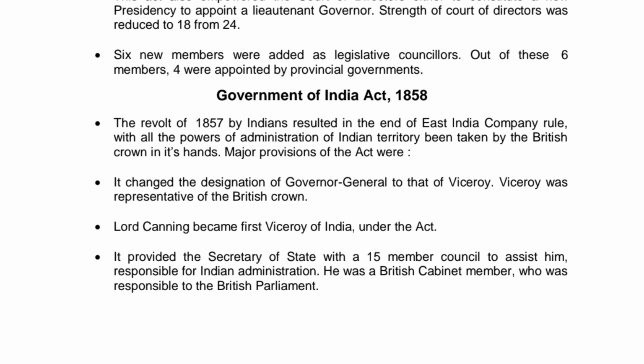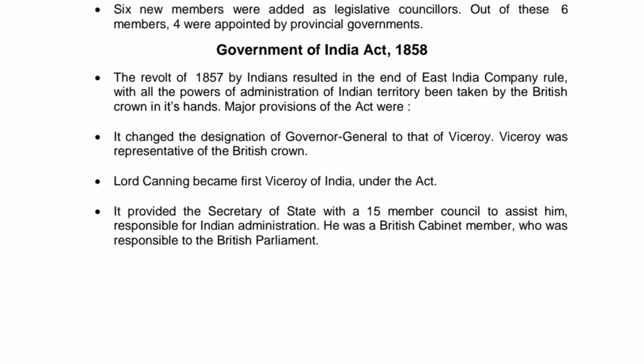Next, the Government of India Act 1858. The revolt of 1857 by Indians resulted in the end of East India Company rule, with all the powers of administration of Indian territory being taken by the British Crown into its hands. Major provisions of the act: it changed the designation of Governor General to that of Viceroy.